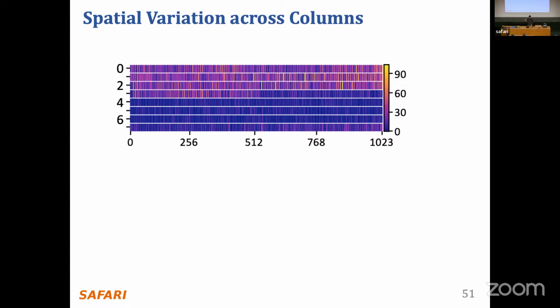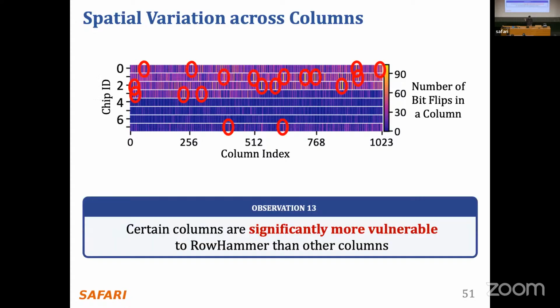The y-axis is just different rows, and the lighter the color, the more reddish or yellowish the color, the more vulnerable the column is to RowHammer. So we observe that certain columns, as you see, as the bright strips in this heat map, are more vulnerable to RowHammer than the others.